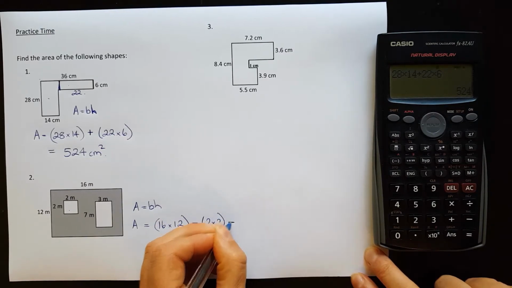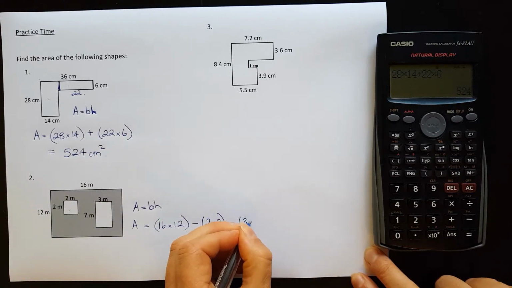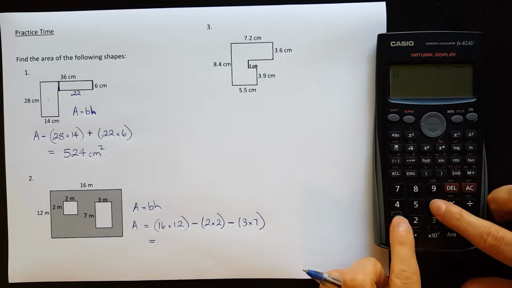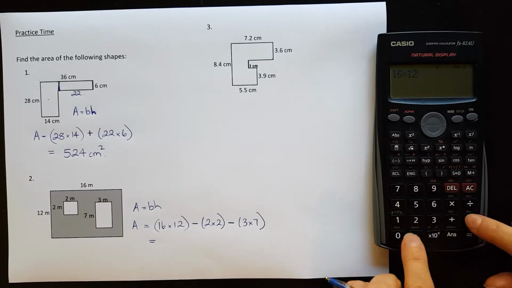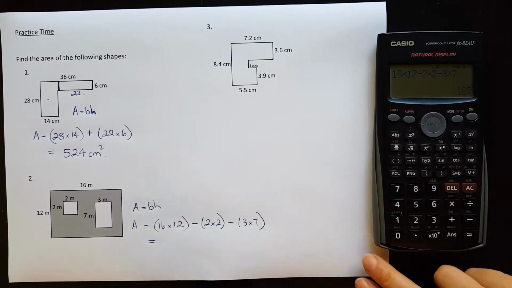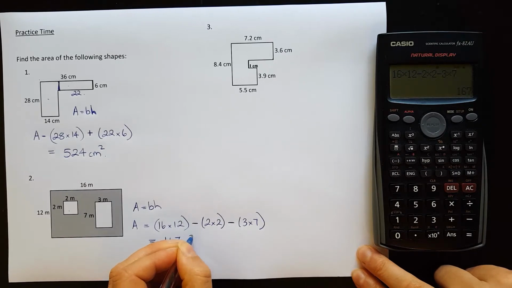Then I also want to subtract off this one, which is 3 times 7. Let's type that in. 16 times 12 minus 2 times 2 minus 3 times 7 is 167 meters squared.